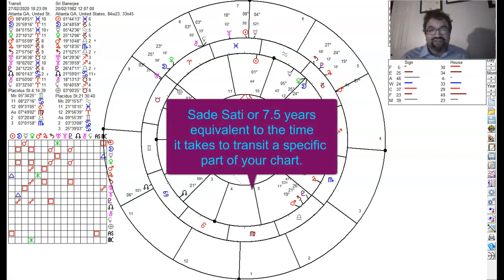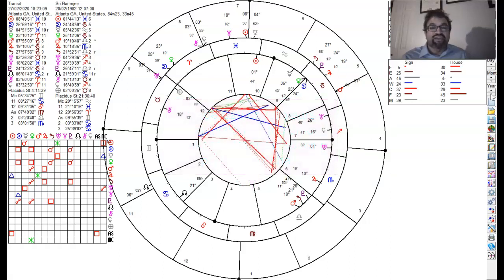And this happens typically three times in a person's life, because Saturn takes 29 years to take one revolution around the skies. So this is a pattern that you typically remember when you're an astrologer.